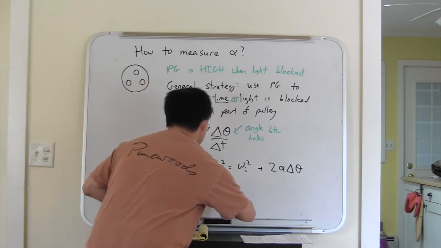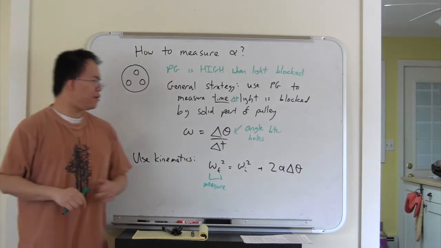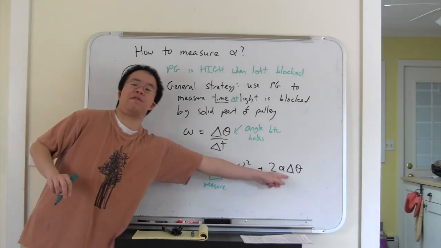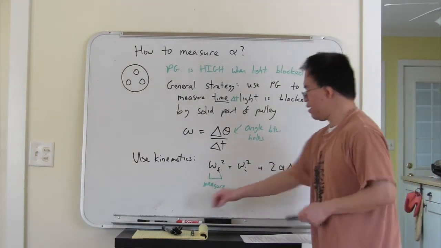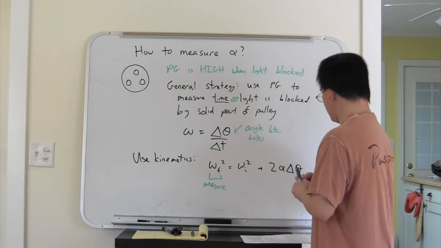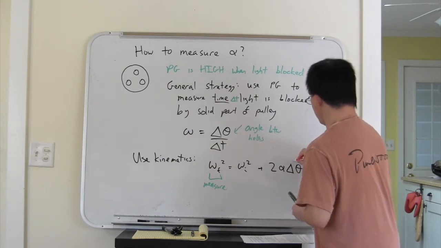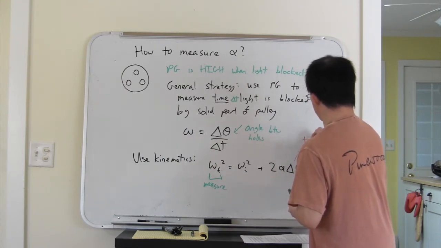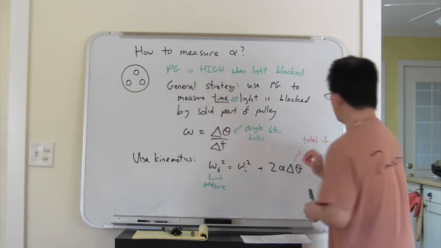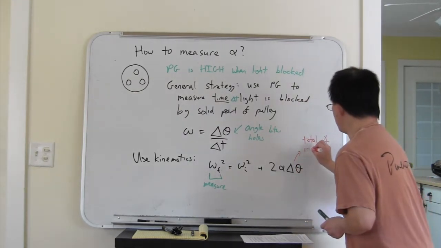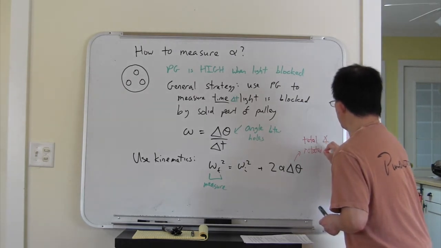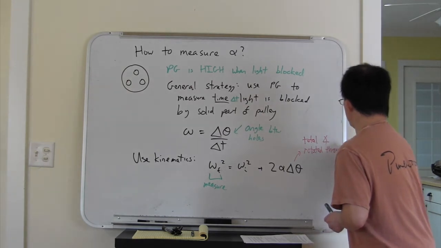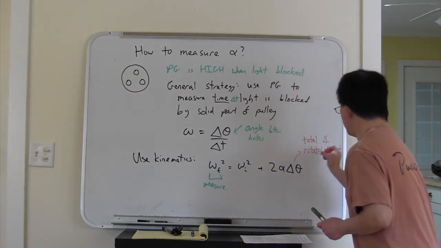I also need to figure out how to measure delta theta, which here is the total angle rotated through after release.